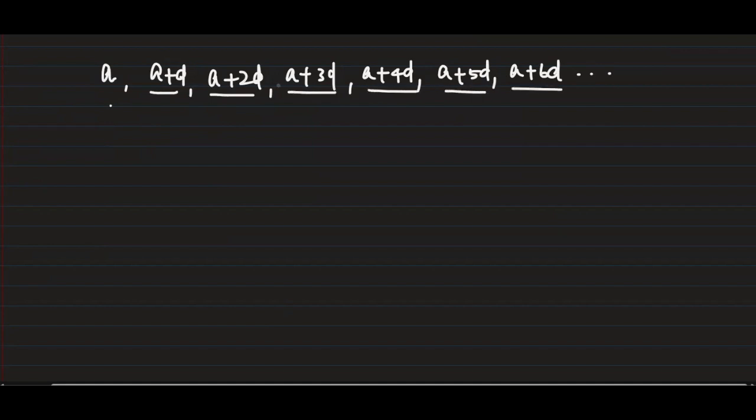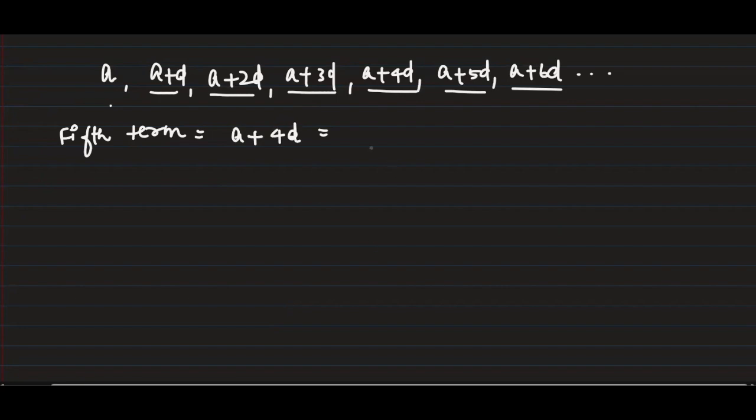Okay. So in this question, we have been given the first four terms. So we need to find the fifth term, sixth term, and the seventh term. So we can use the general form to find the answer. Now the fifth term is equal to a plus 4d.